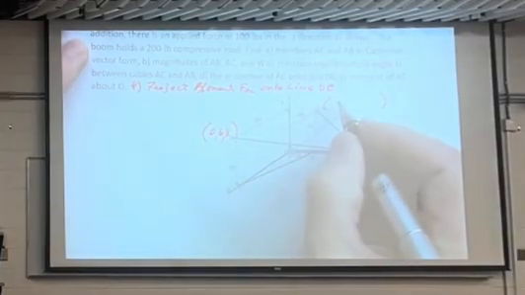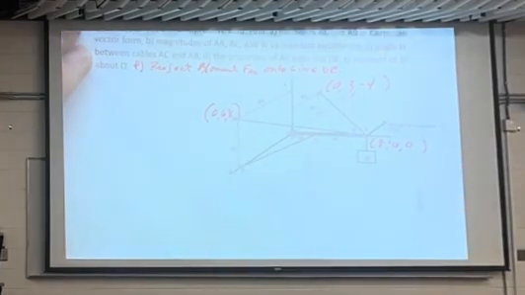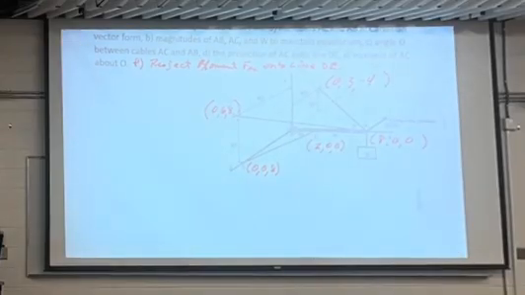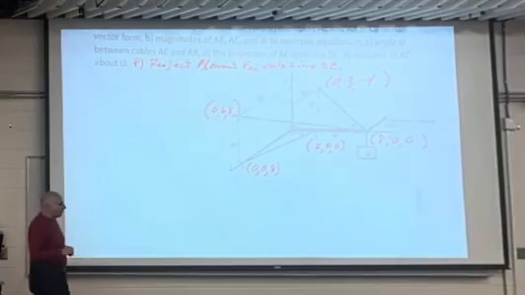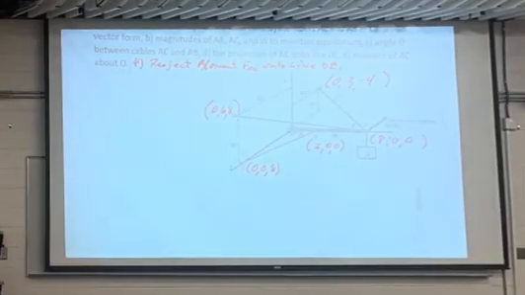Over here, B is 0, 3, negative 4. By the way, the coordinates of D are 0, 0, 8. Coordinates of E are 2, 0, 0. So I just took all the distances and made coordinates out of every important point on the diagram.